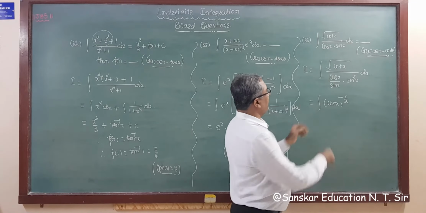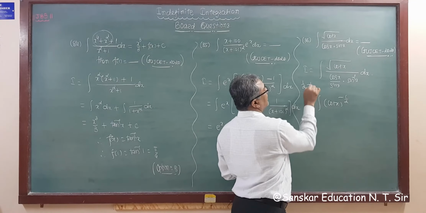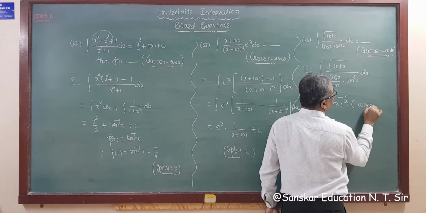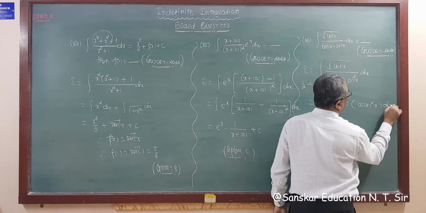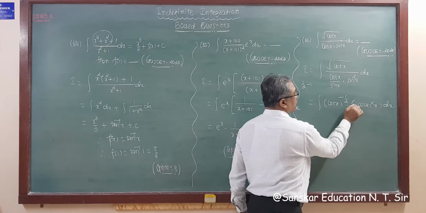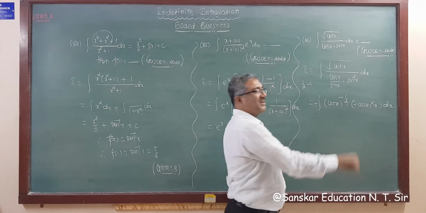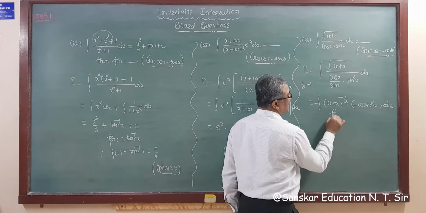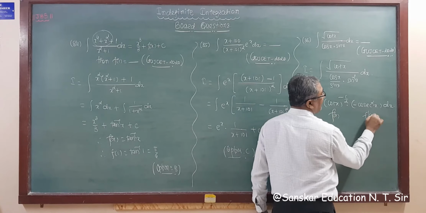Because this is half power, minus 1. So minus half, and this is cosec square x dx. Now the derivative of cot x is minus cosec square. So divide and multiply by minus. So I am writing multiplying by both minus. So this is your fx and this is f dash x.